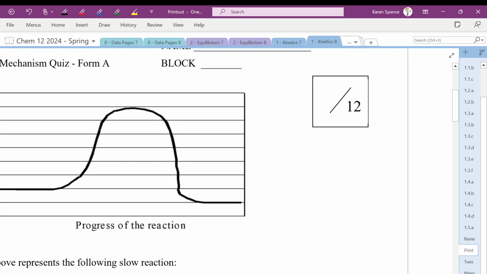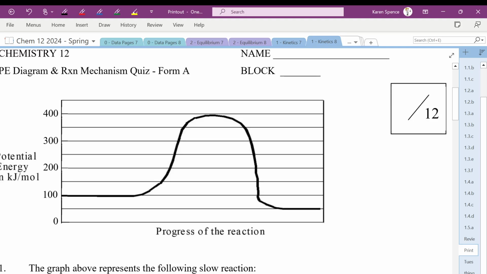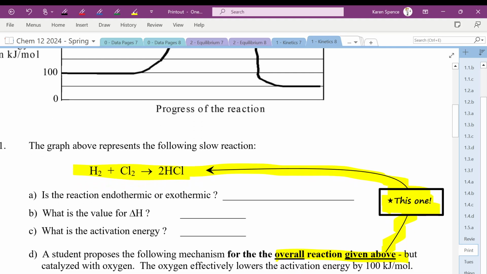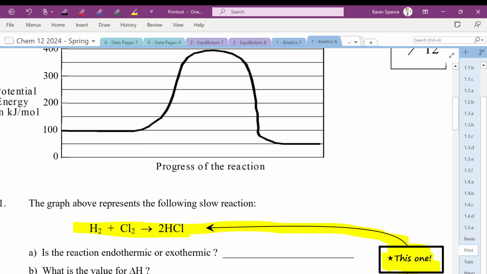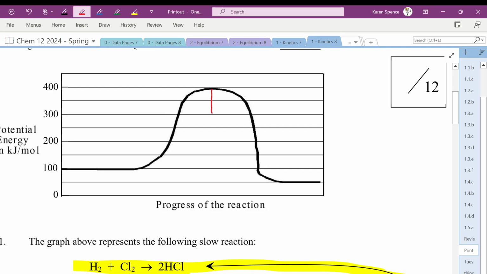All right, now up here, there were a few things that maybe people didn't notice. I saw that a lot of people just missed the fact that it said that the catalyst lowers the activation energy by 100 kilojoules, which means that the peak of the catalyzed reaction needs to be lower by 100 kilojoules from 400 to 300.